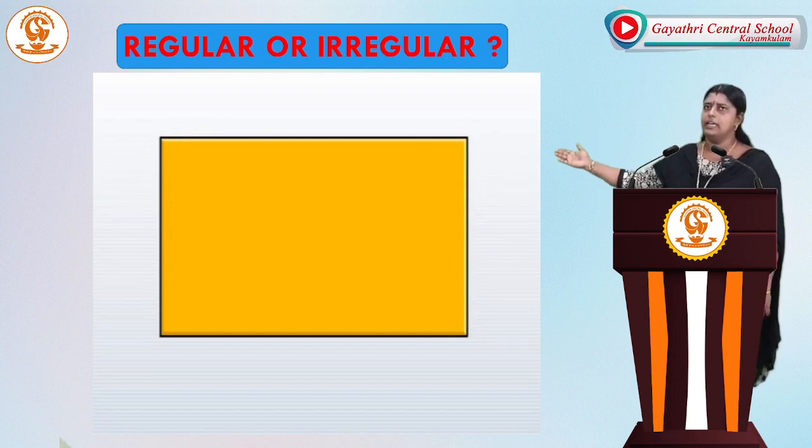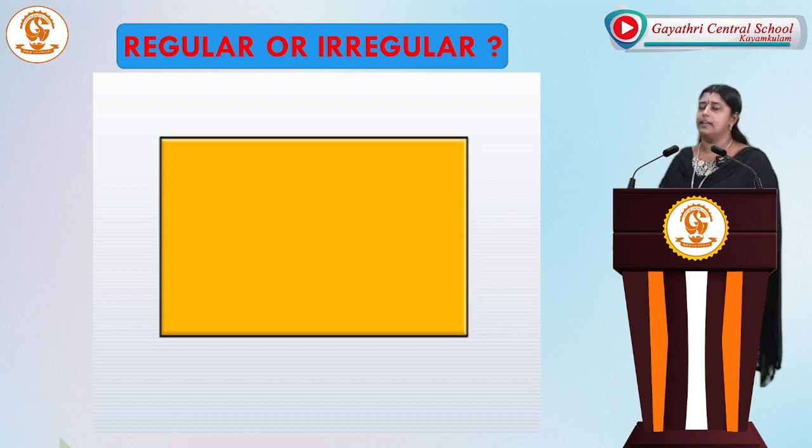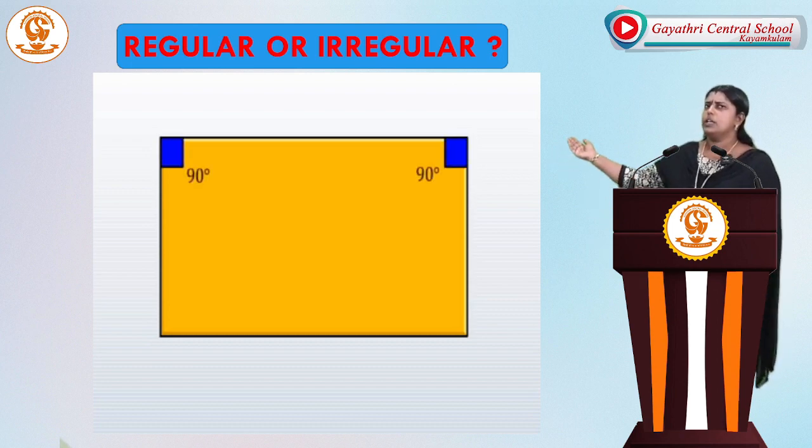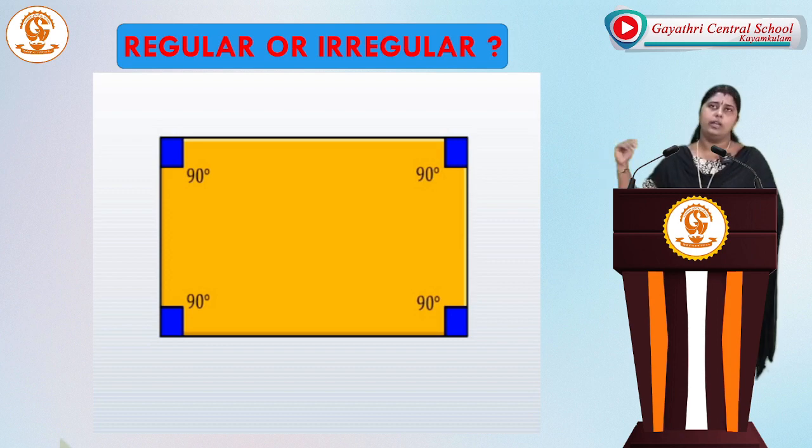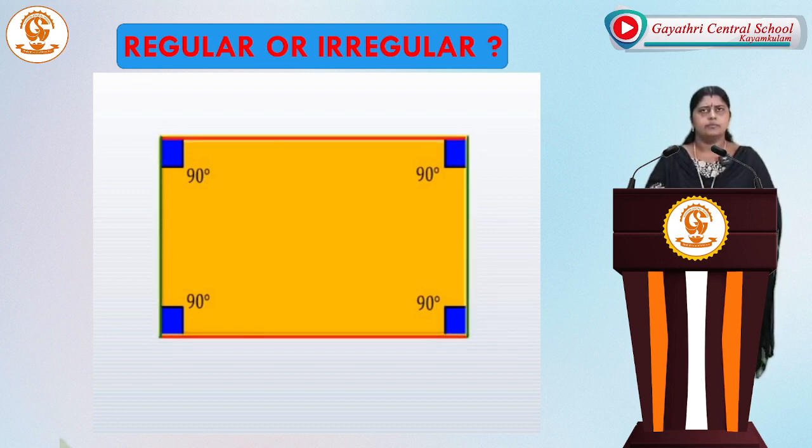Okay. So here we can identify the given figure. It's a rectangle. We know that all of its angles are 90 degrees. In a rectangle, all angles are right angles. That means it is an equiangular figure. But what about the sides of a rectangle? It's not same, ma'am.